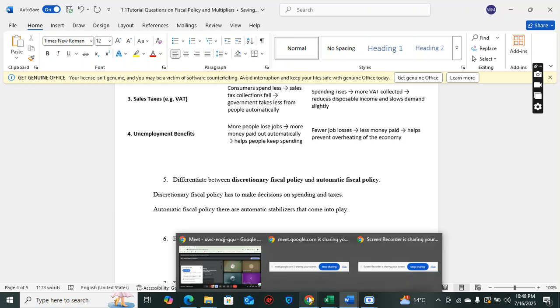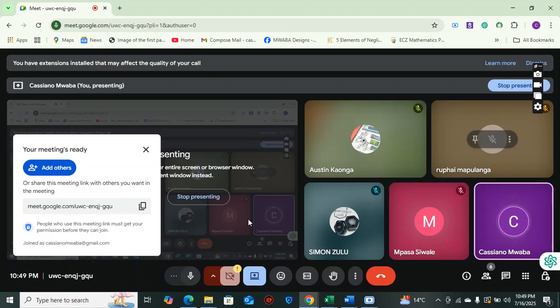Remember, aggregate demand here just means overall spending within the economy. When government hires new teachers, these teachers start earning salaries. When they earn salaries, they can buy certain goods and pay for certain services. As they are spending on these goods and services, aggregate demand is now increasing.